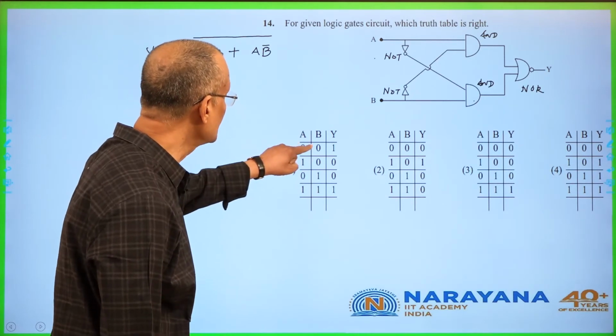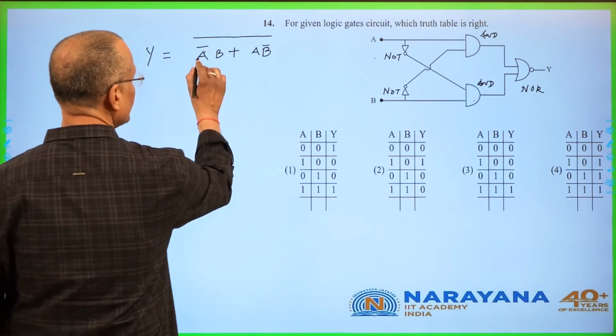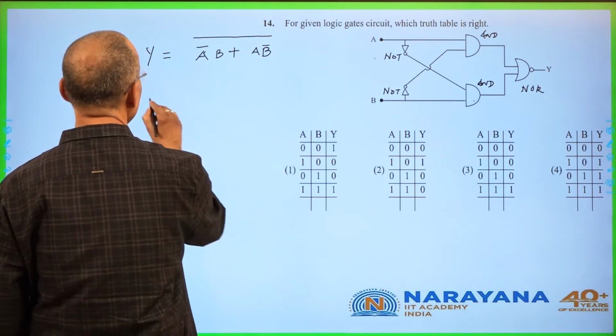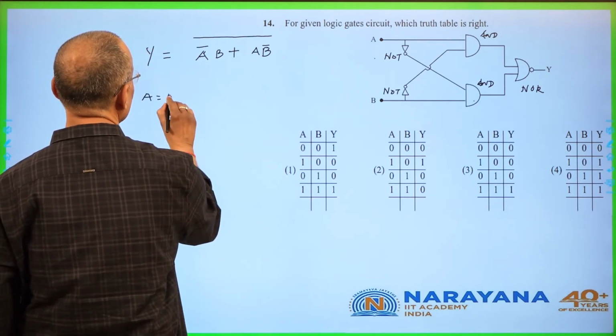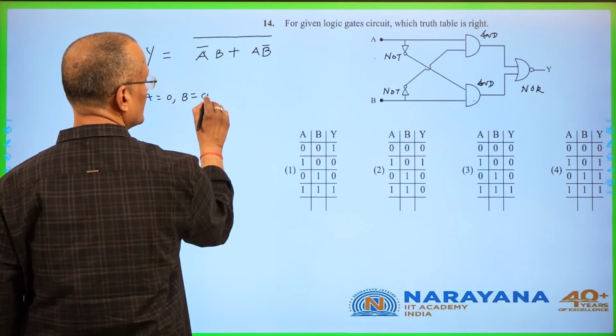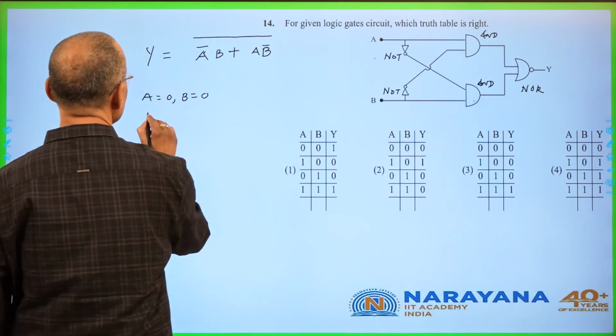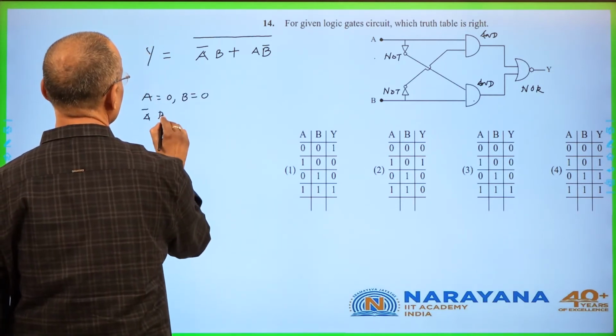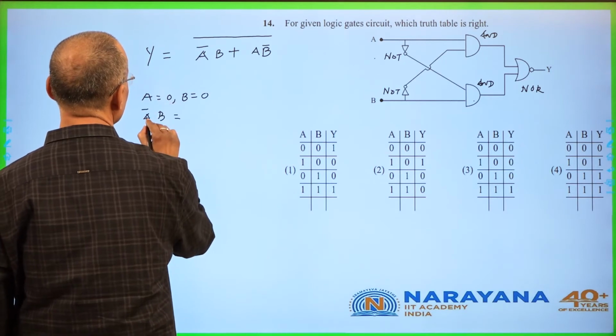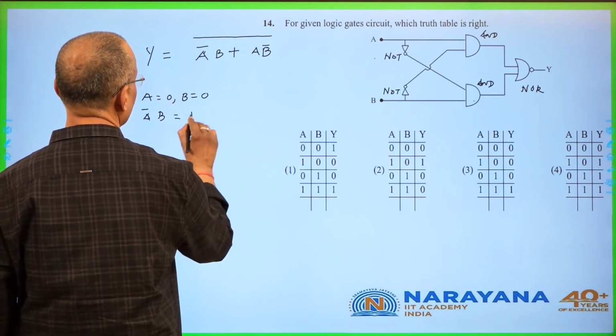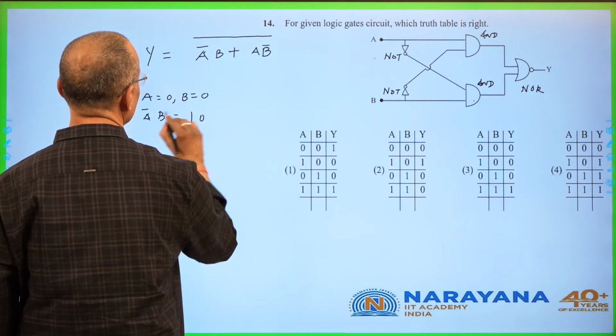I am taking 0 and 0. If I take A0, B0, then this will become A0, 0 naught is 1, and this is 0.